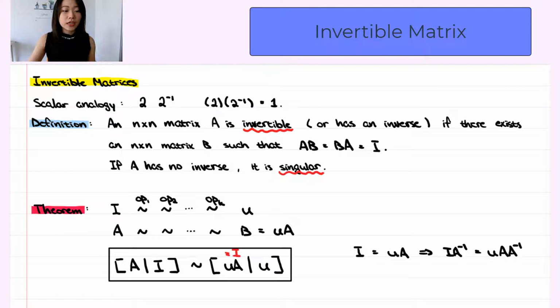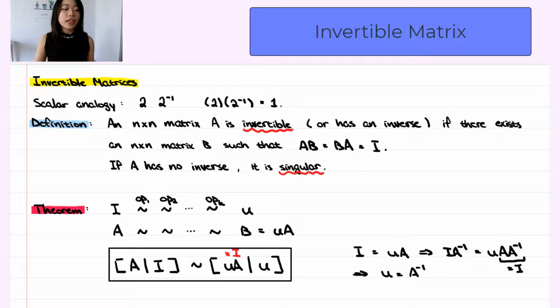And by the definition, the matrix times its inverse should equal the identity. So, the matrix U is identity times A inverse, which equals A inverse.